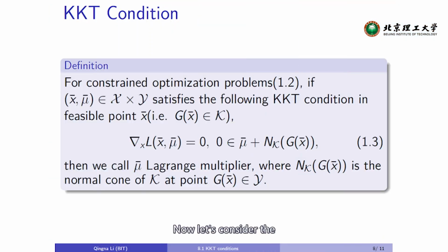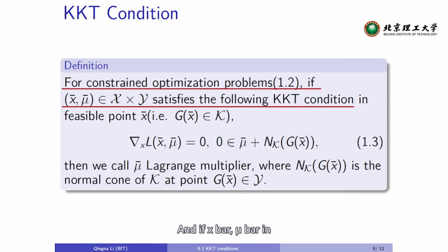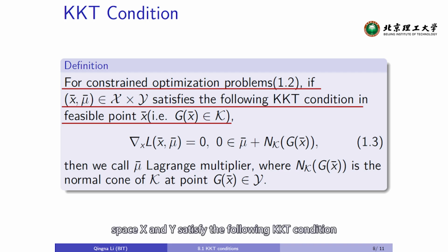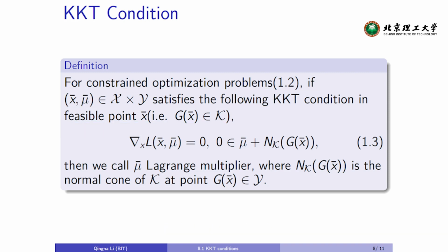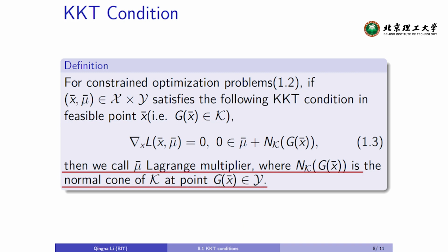Now, let's consider the constraint optimization problem in an abstract form. If x bar and mu bar in space X and Y satisfy the following KKT condition at the feasible point x bar, then we call mu bar the Lagrange multiplier.